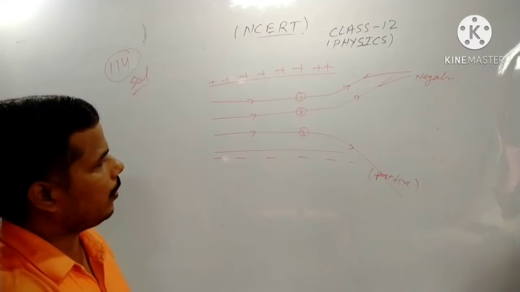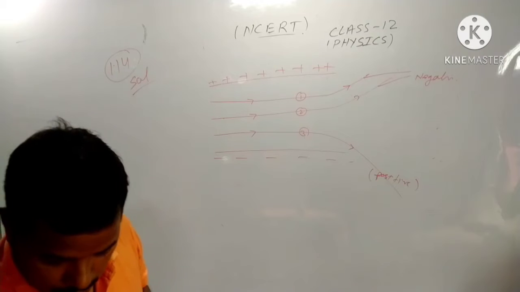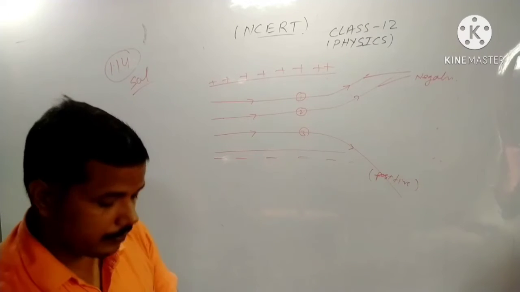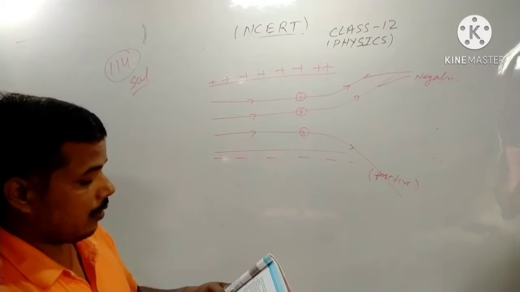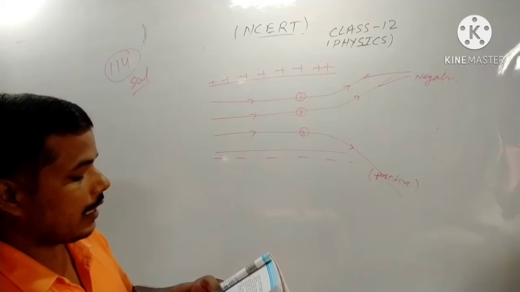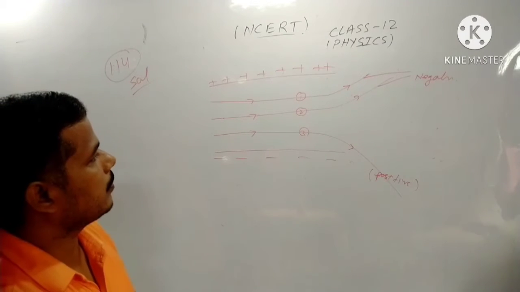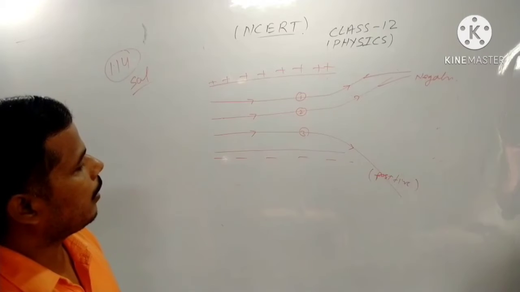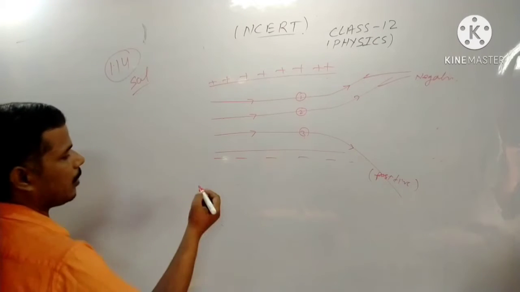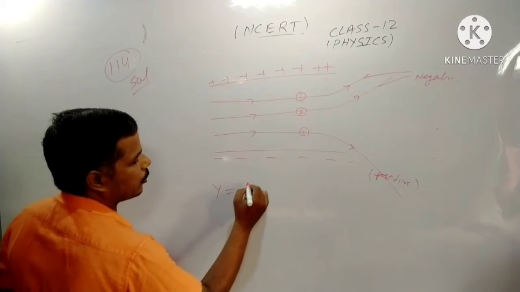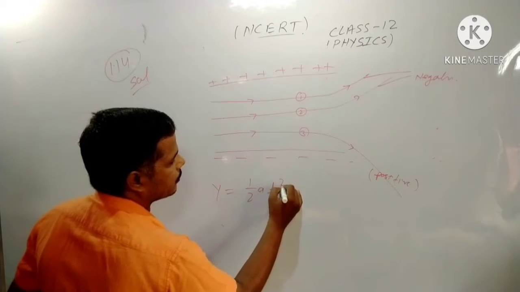ठीक है? Now the question is, which particle has the highest charge to mass ratio? Okay, we know that y is equal to half a t square.